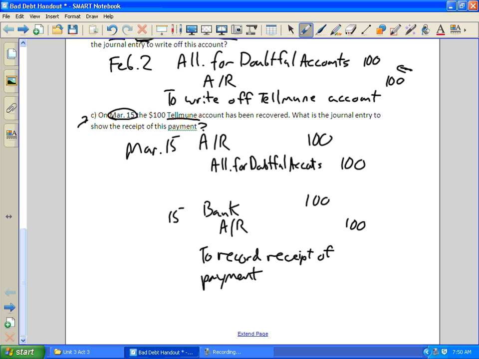Because what's happened here on this first transaction is that we are increasing the accounts receivable that we're owed here and reducing the allowance for doubtful accounts that doesn't exist anymore. It's not something we have to worry about any further. And then the bank here is what we actually got paid. We got paid $100 by Telmoon, and that reduces the accounts receivable.